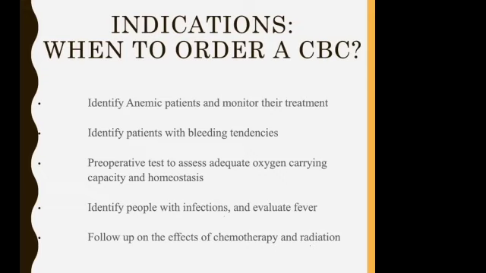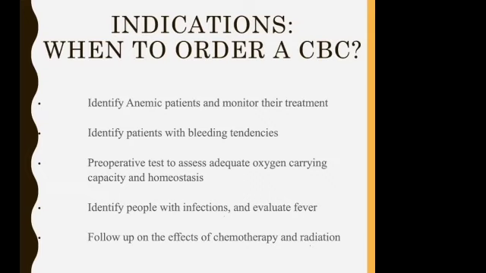Followed by that, we need to identify patients who have bleeding tendencies. So we need to assess the body's ability to coagulate and form thrombi. If such ability is weakened, then it means that the patient is most likely to bleed. Some of the patients have diseases which would put them in a state that is hypercoagulable, which means that they're at a greater risk of getting emboli at vessels where they don't want to get embolized, okay?